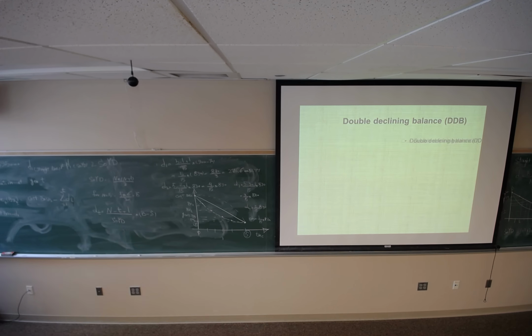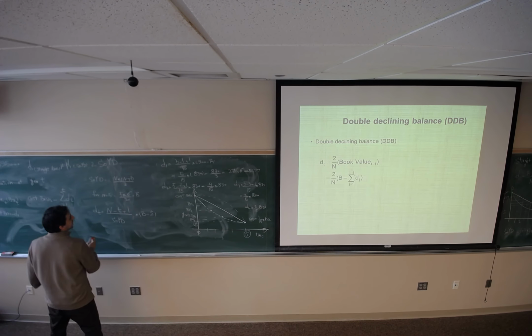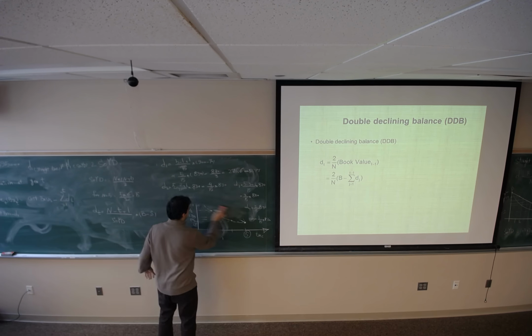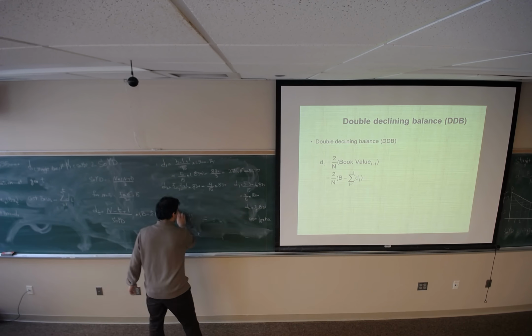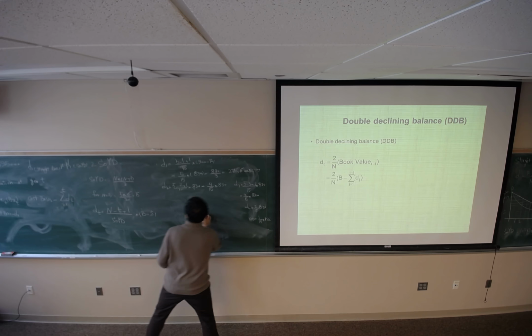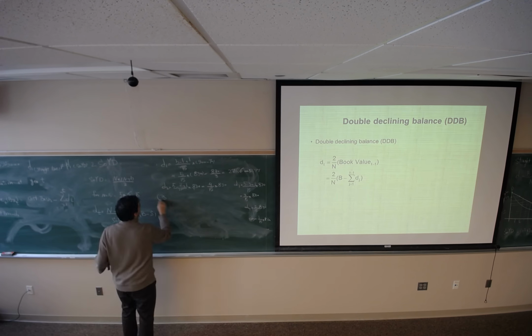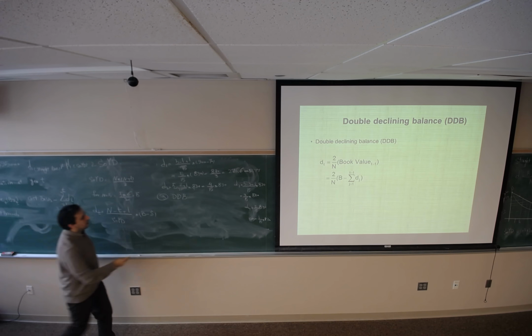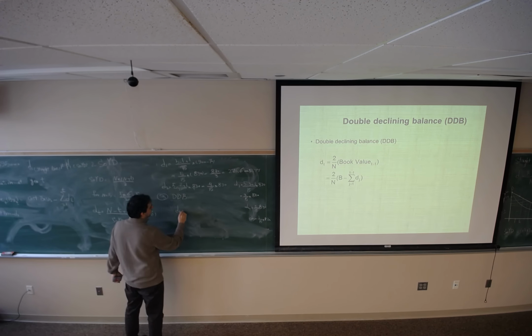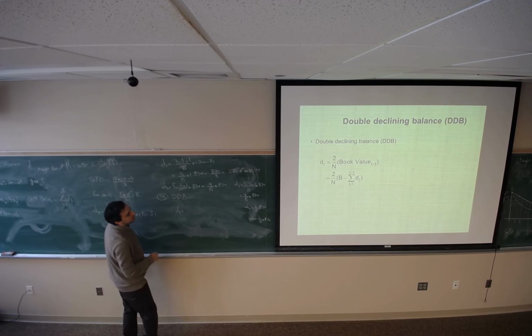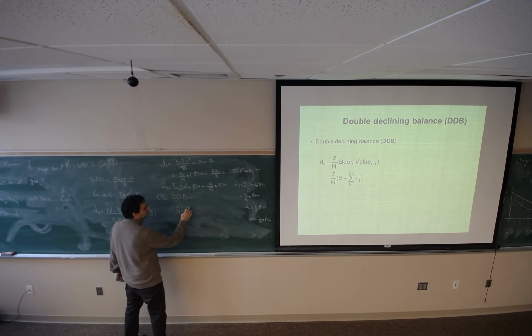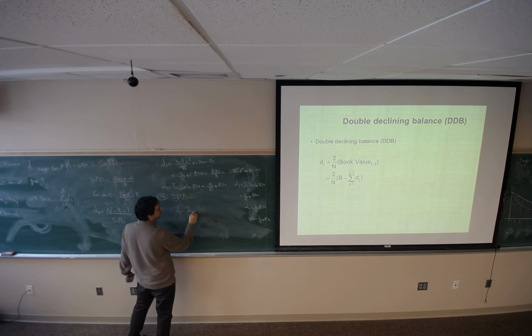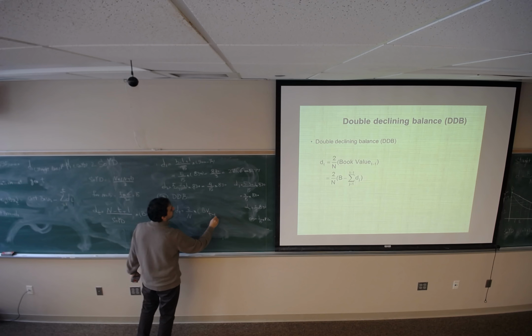Alright, the last method is the double declining method, or DDB, double declining balance. Depreciation at year t can be calculated by 2 divided by n, whatever n is, multiplied by the book value at the previous year.